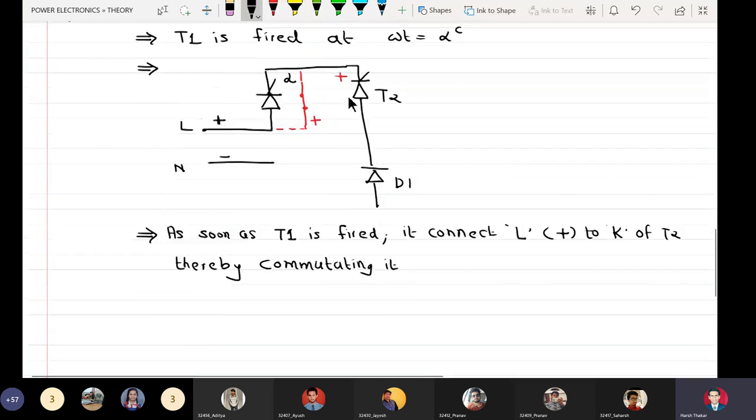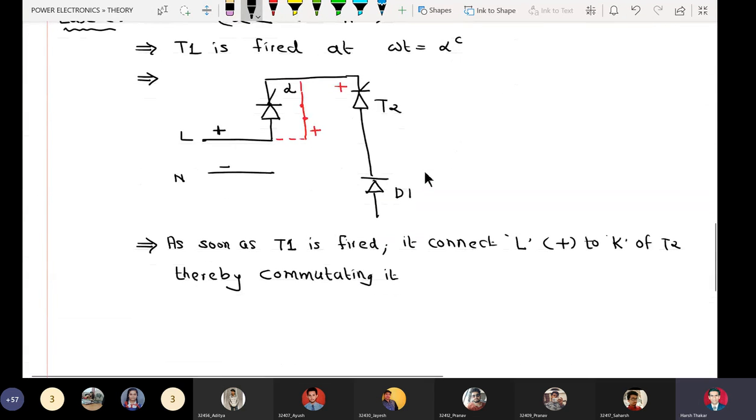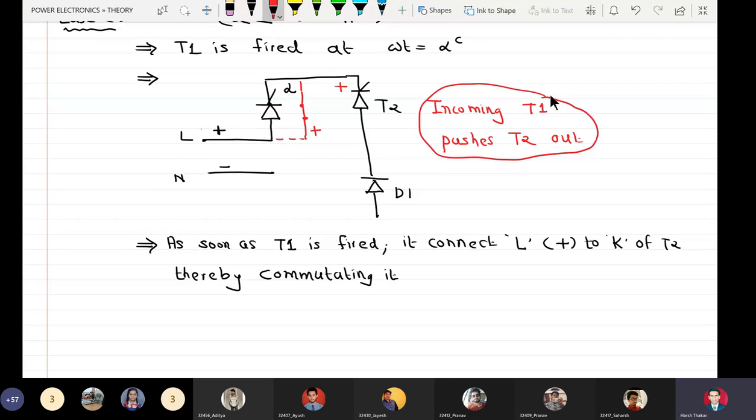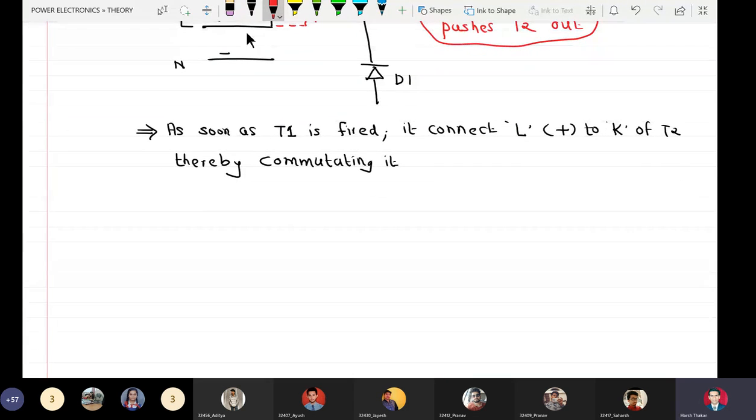So the incoming thyristor T1 pushes T2 out, commutating it.